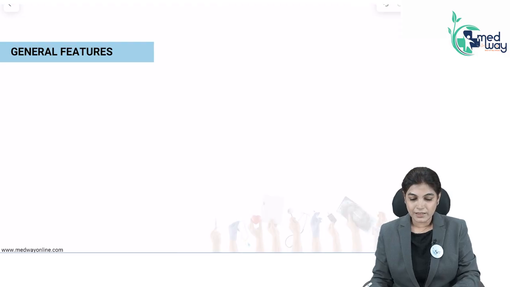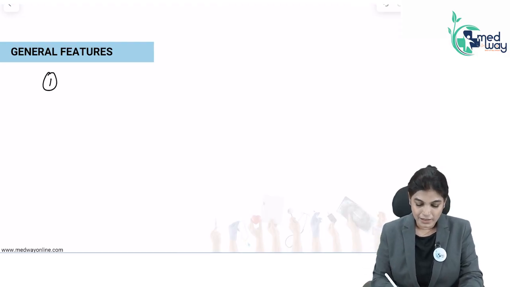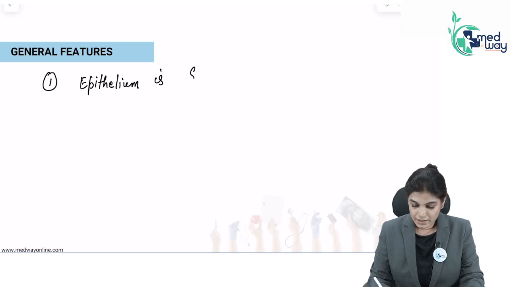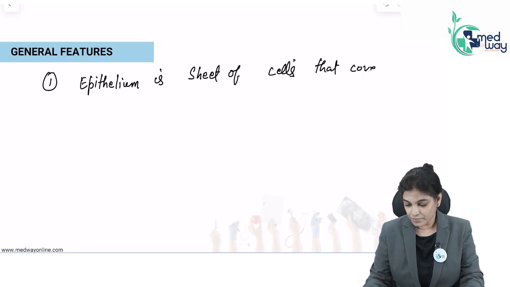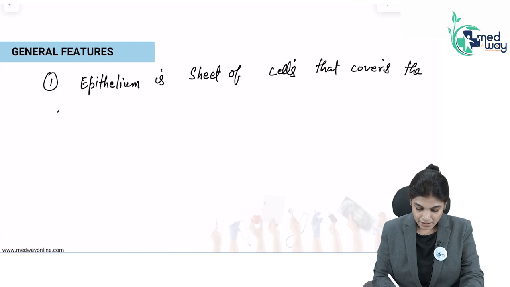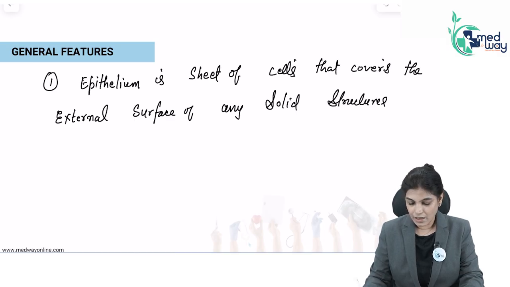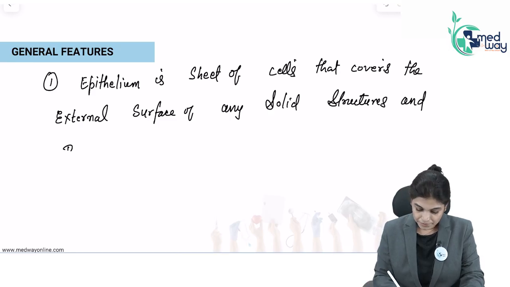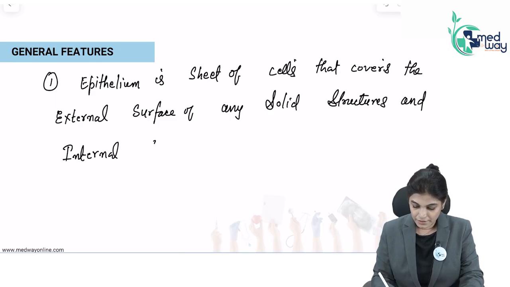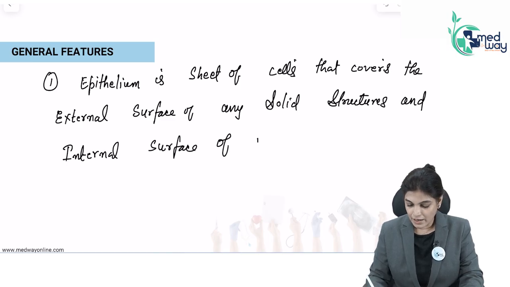Before starting with the general features, I just want everybody to know about the epithelium. Epithelium is a sheet of cells that covers the external surface of any solid structures and the internal surface of any hollow or tubular structures.